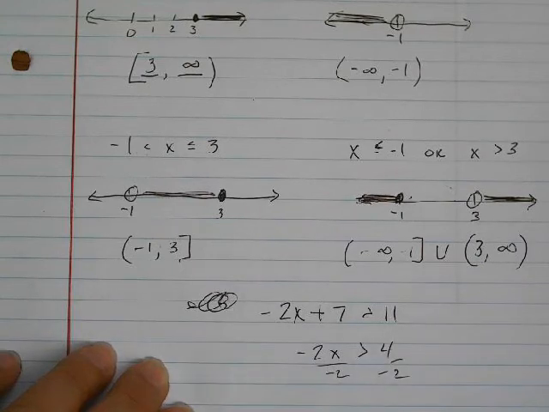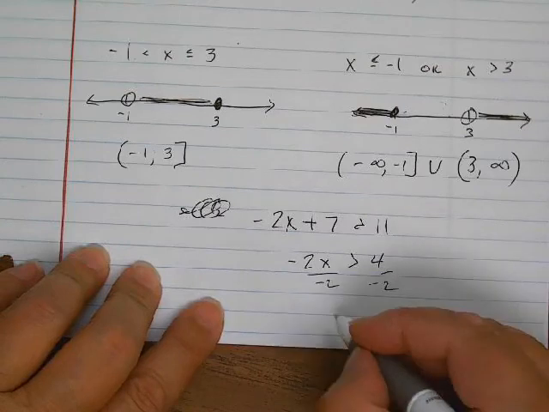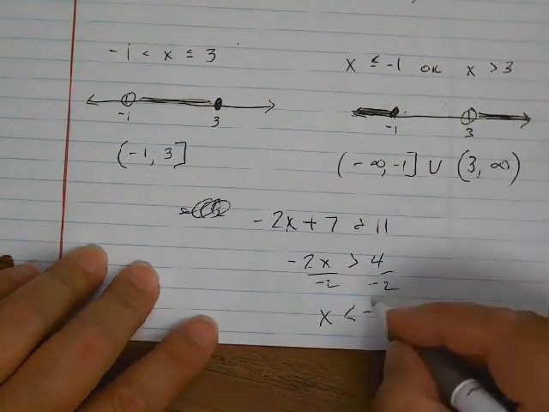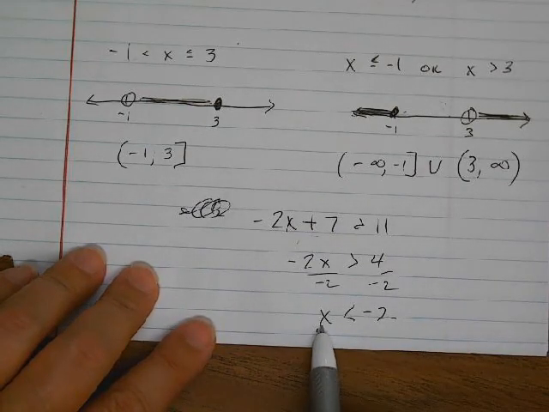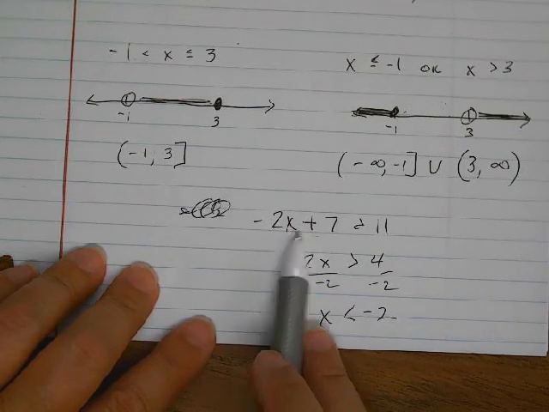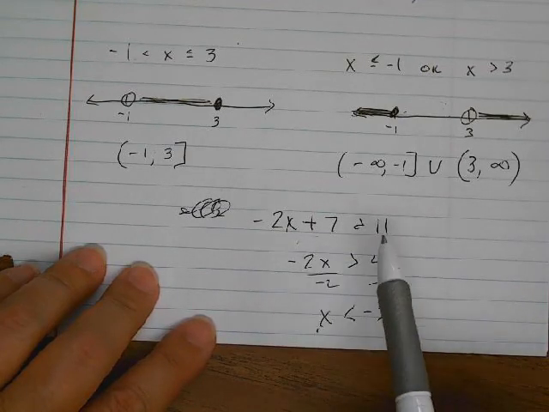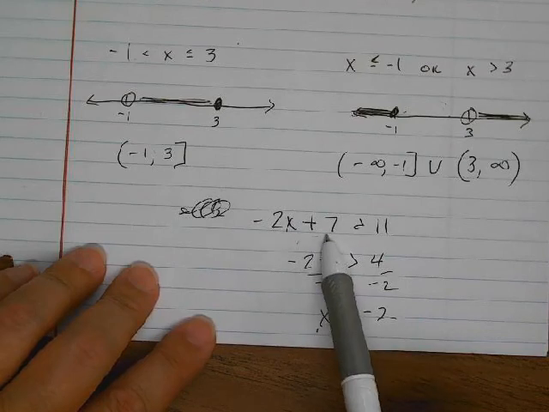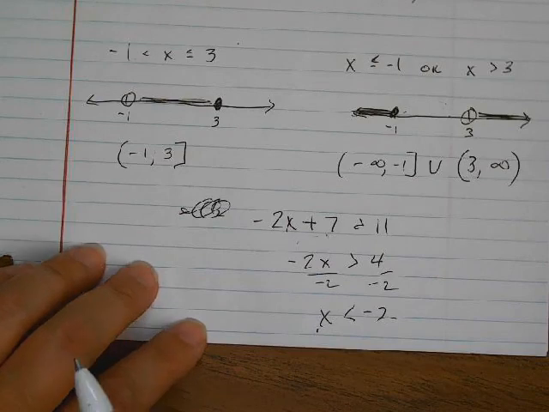And a reminder, when you have an inequality and you divide by a negative number, it reverses the symbol. So in this case, x would be less than -2. All those numbers would make this work. So for instance, if I pick -3, -2 times -3 is +6, plus 7 is 13, and 13 is greater than 11, so those work.